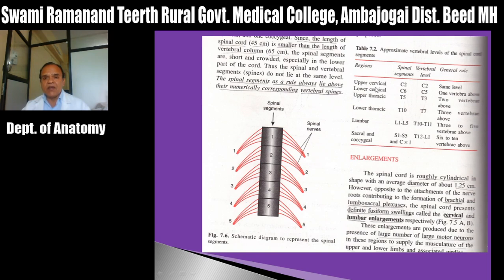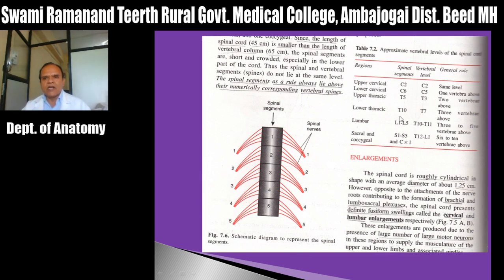Now see, when you look at the level of the vertebral column and the spinal segment, this is the vertebral level. Vertebra C2, spinal segment C2. Vertebra C5, spinal segment C6. Vertebra T3, spinal segment T5. Why is this changing?